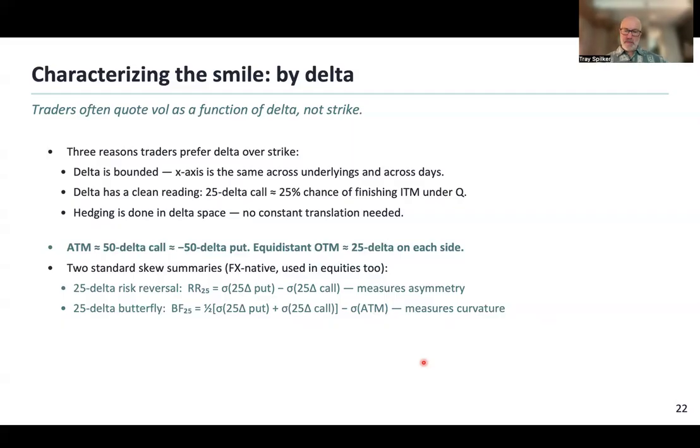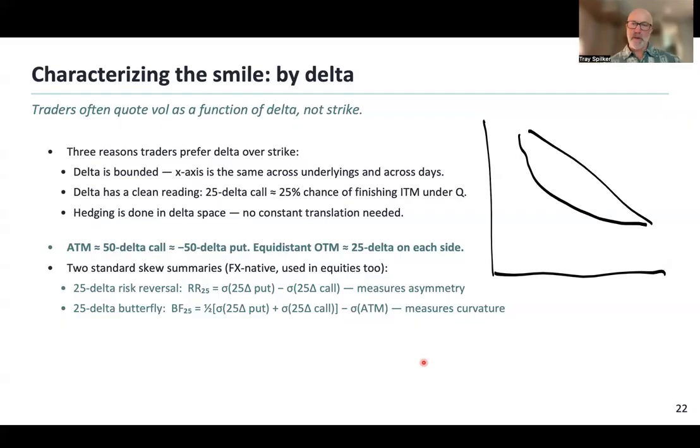So specifically, in the implied volatility space, is it more convex like that, or is it straighter, right?